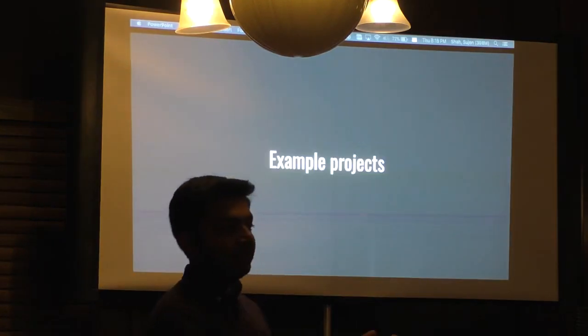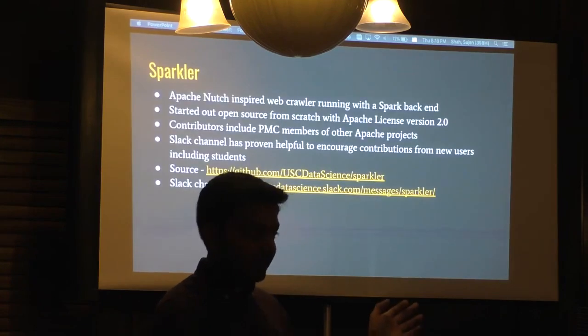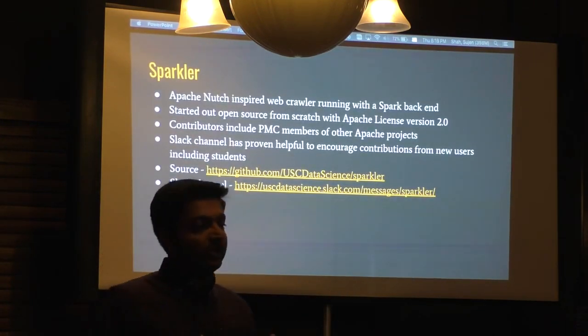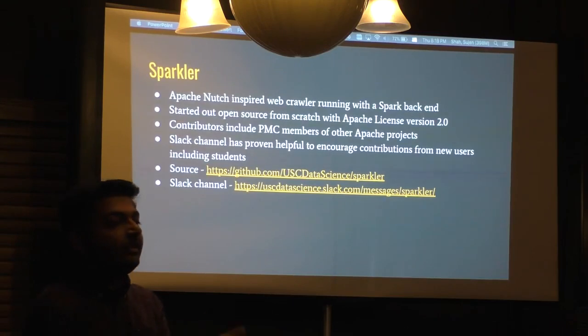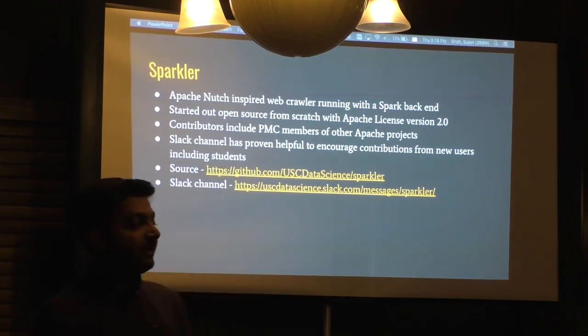I'll give you an example of a few projects that I've been working on. One of them was Docker. Now, knowing what we know till now, this is what I've learned while developing these projects. We were trying to develop a web crawler inspired by Apache Nutch, which is where I started, but backed by Spark, and see if it scales.